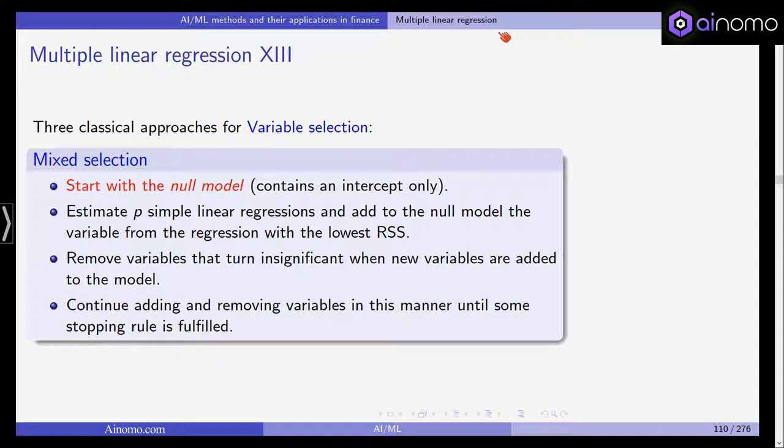So because of this spurious correlation between predictors, it might be that the coefficient estimates on your predictors are biased if you omit important variables. If you now include variables and suddenly another variable turns insignificant, then in mixed selection, you might want to consider removing that variable because other variables are picking up the same correlation. And then you continue adding and removing variables until, again, some stopping rule is fulfilled.